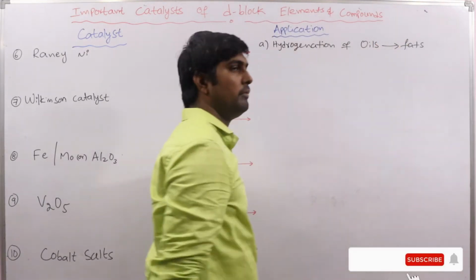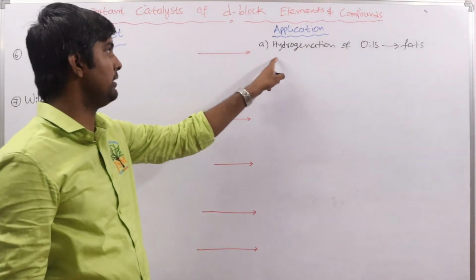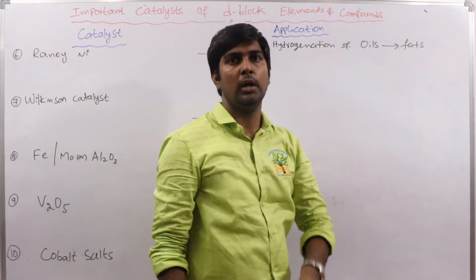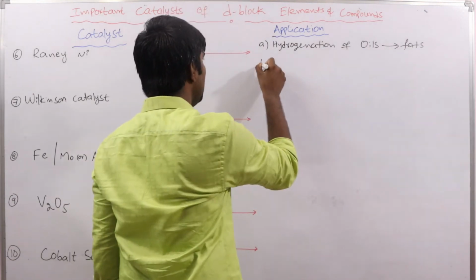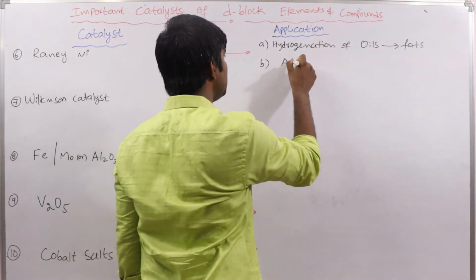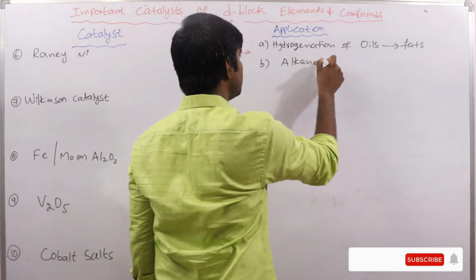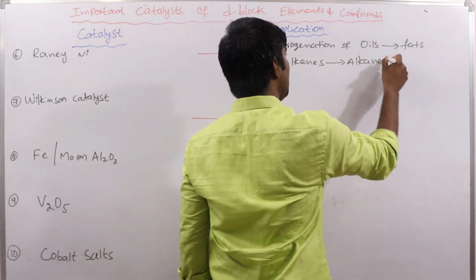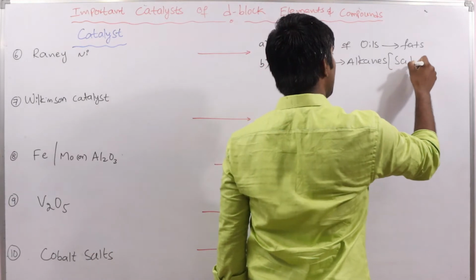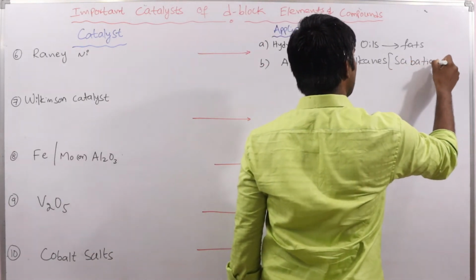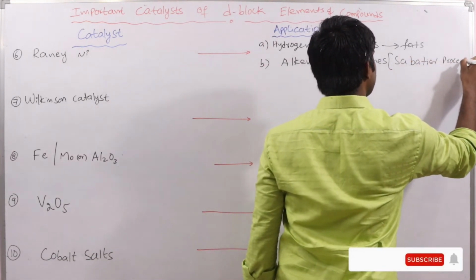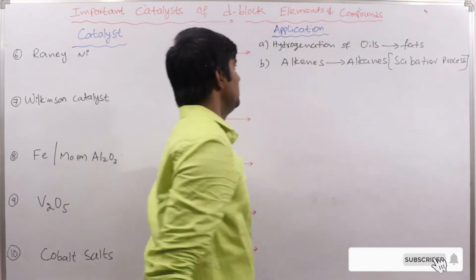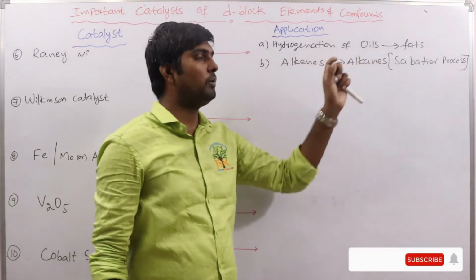This is one of the very important applications. Another one is that it is especially used in the reduction of alkenes into alkanes. So this is called Sabatier process. Alkenes are reduced into alkanes.